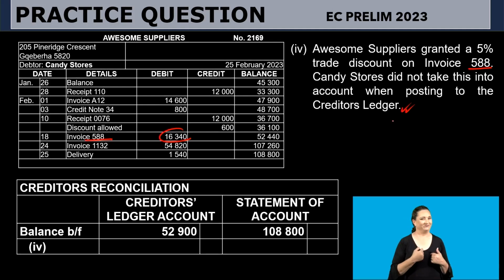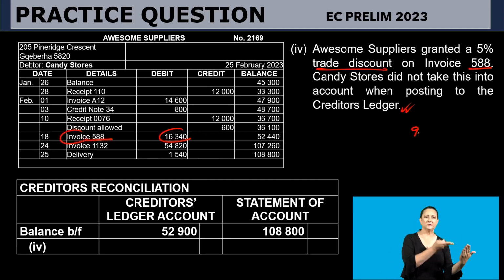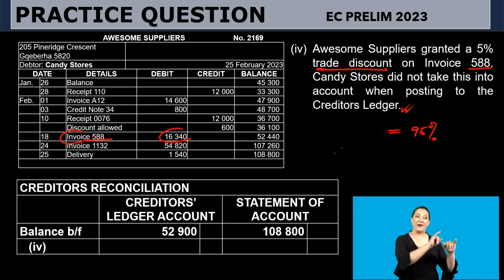However, we did not take that into account. So there's several ways in which one would have done this. But we understand that if it is a trade discount, the amount that we see on the invoice represents the 95%, not the entire 100%. It is now 95% because we have recorded the 5% discount.